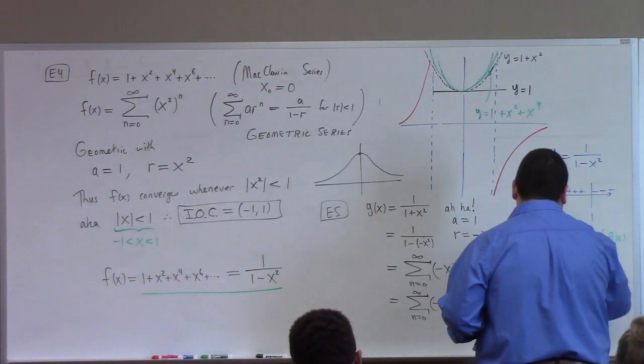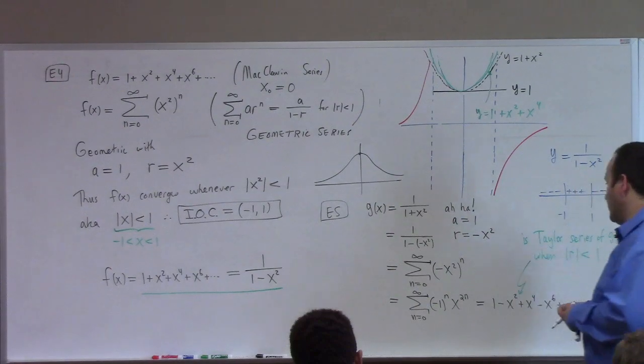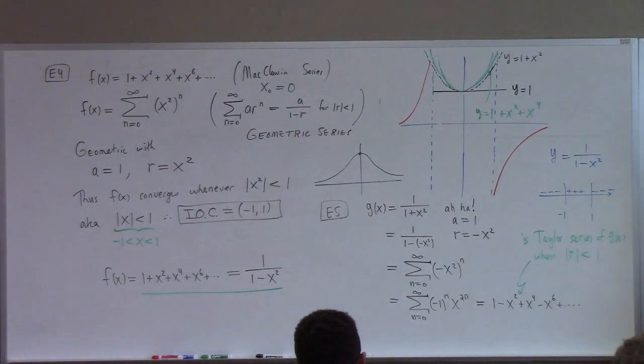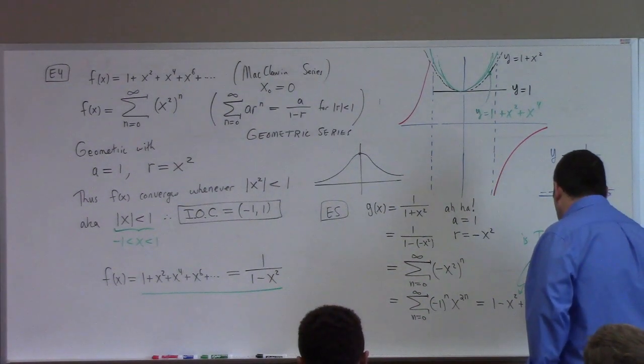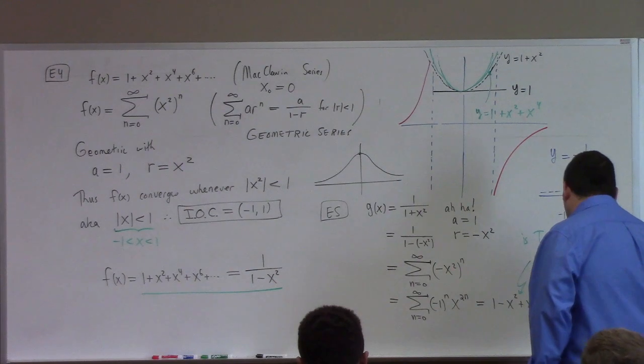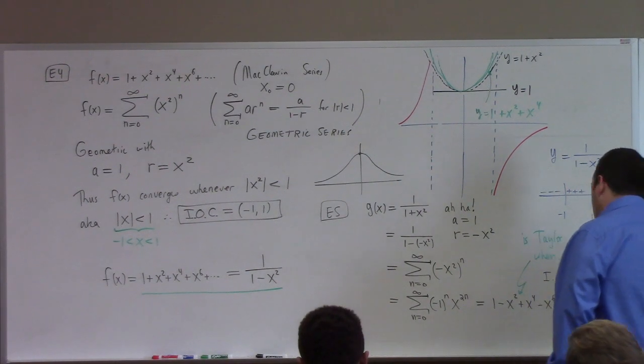We need the absolute value of R to be less than 1, right? We'll prove in a later lecture that it has to be unique. So if I can find it by one method, then the other methods we'll learn to find Taylor series will produce the same thing. Fine. So what's R? R is minus x squared, so it's the same. Again, the interval of convergence for this guy is minus 1 to 1, right?